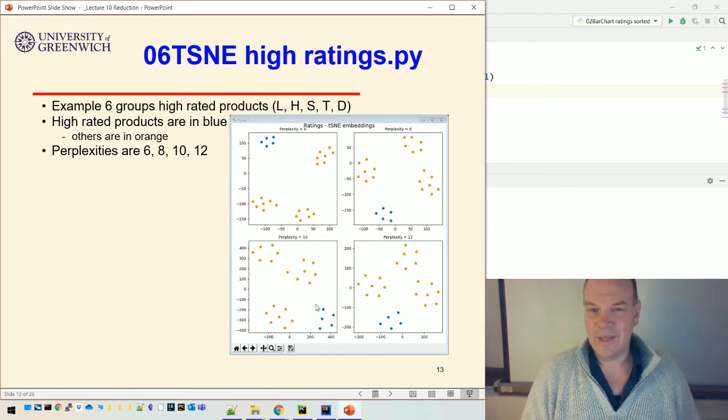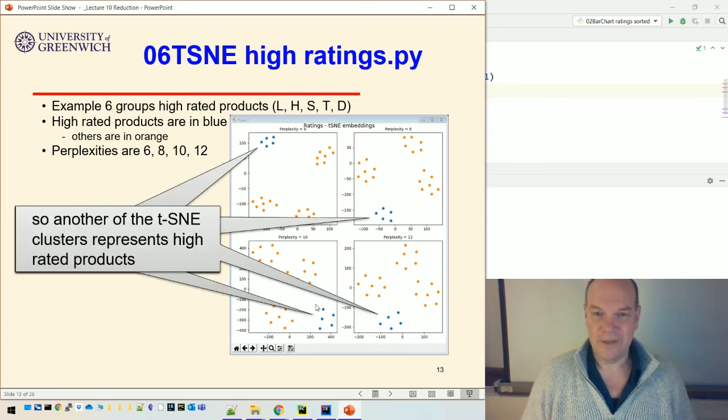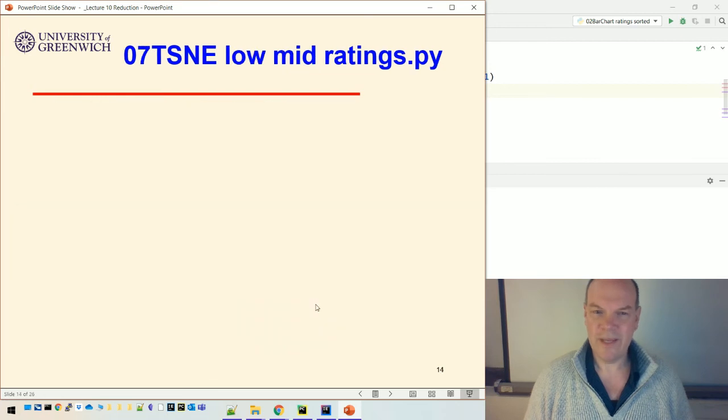So we can't take the positions to mean anything, but we can see now that one of those tSNE clusters is consistently showing the high-rated products and another one is showing the low-rated products. So maybe that's enough. Maybe we can just use the ratings to differentiate our products into 4 different clusters.